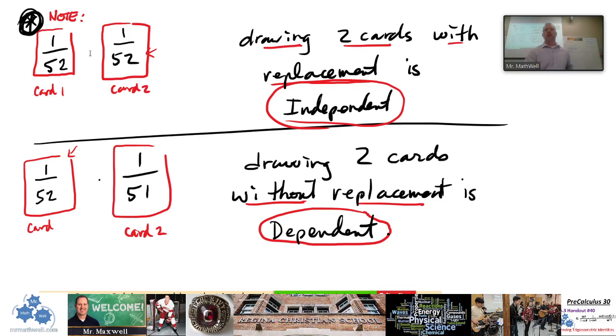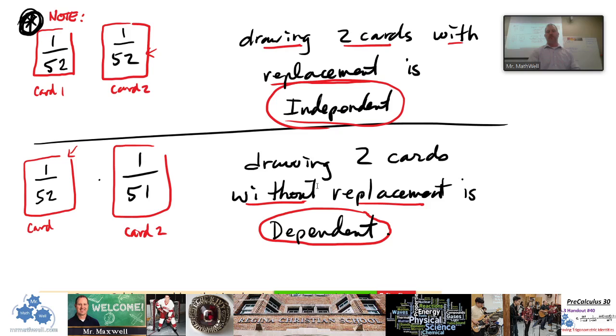Okay? So this is the example up on the top here. I draw a card, I look at it, and then I put it back in the deck, and I shuffle and I draw again.